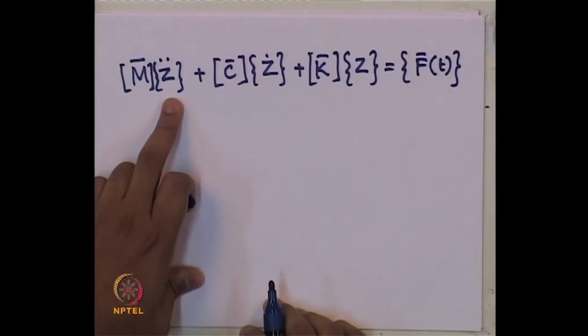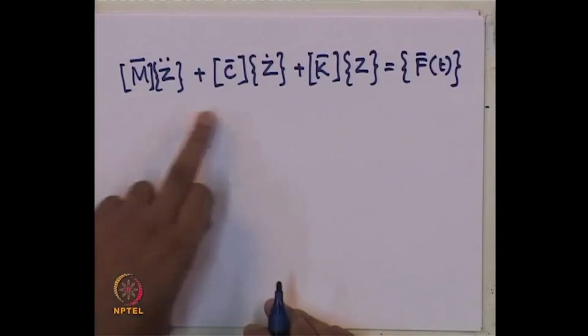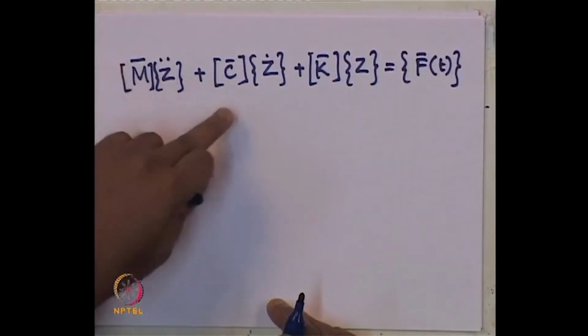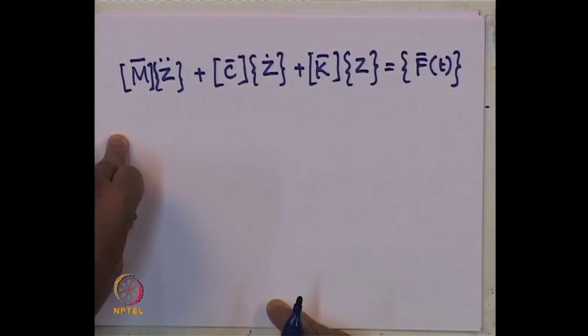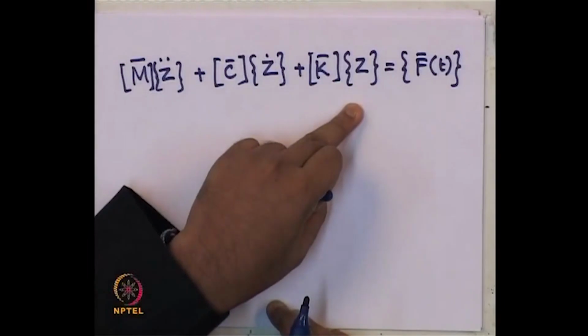Using the transformation matrix, in the new coordinate system, which we are referring to as the natural coordinate system, the corresponding changes in our mass, stiffness and damper matrices are represented by m bar, c bar and k bar. So, they have transformed from m, c and k to m bar, c bar and k bar.